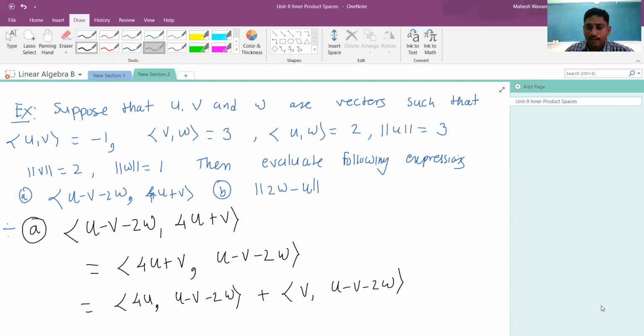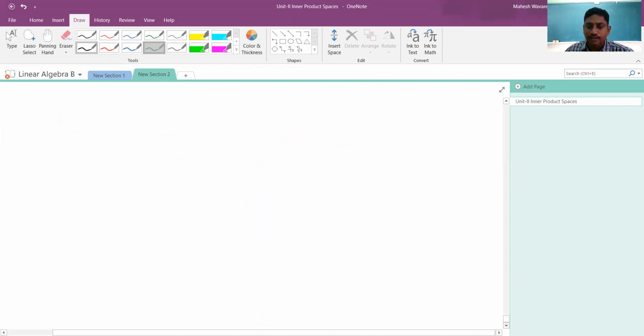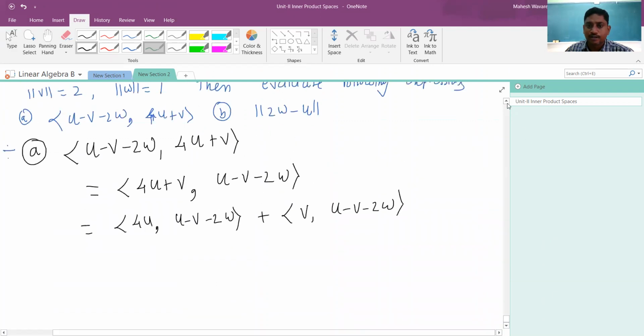We can again apply the symmetry axiom in the next steps. You should write the reason behind each step. I'm not writing it here, but while writing you should write the reason. Why are you doing this? Because of symmetry. Every time you should write the reason. This is the additivity axiom in the inner product space, the second condition.